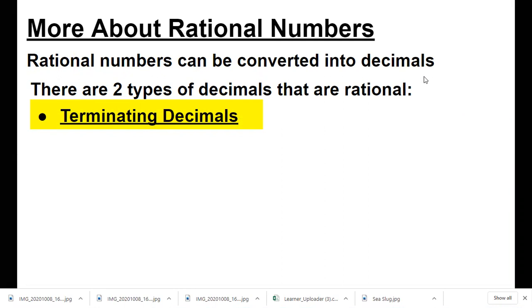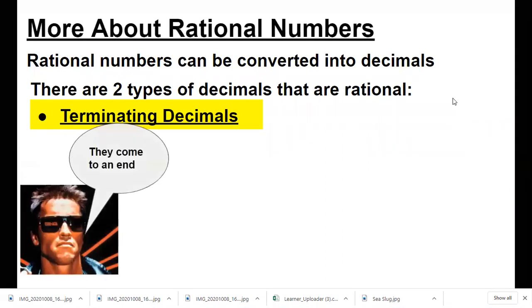So that is a terminating decimal. They come to an end. That guy's the Terminator. If you ever saw that movie, the decimals come to an end. They terminate. The Terminator went around terminating people's lives. Okay. So 0.35 terminates. It ends. 0.35. That's it. There's nothing after the 5.